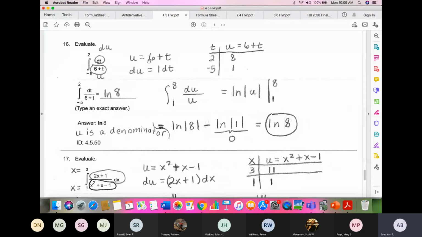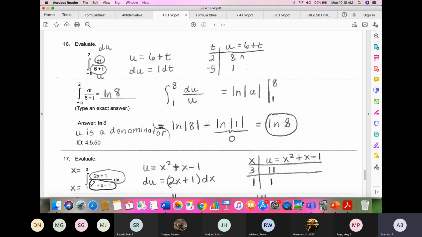The new ones, what did we let u be? Because we're converting everything to u's. u is 6 plus t. So we just take our t, whatever it is, and add 6 to it.